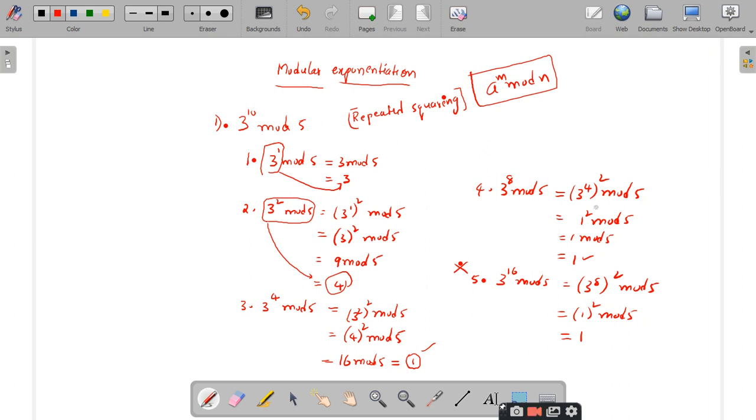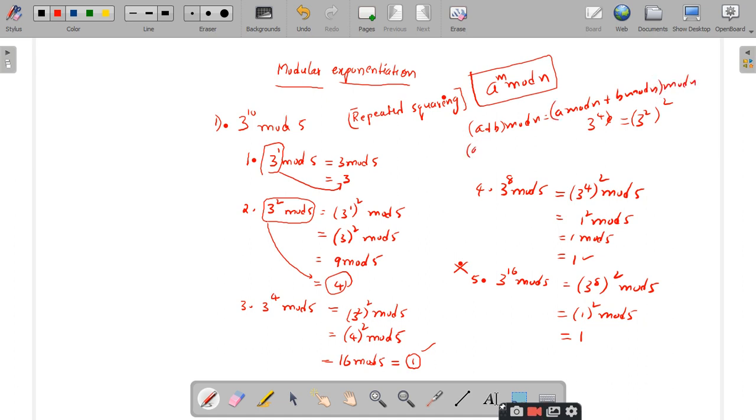You may be having a doubt about how 3 power 4 is equivalent to 3 square whole square. It is generally a formula. We have seen the properties of modular arithmetic, where a plus b mod n is equal to a mod n plus b mod n, and then mod n.